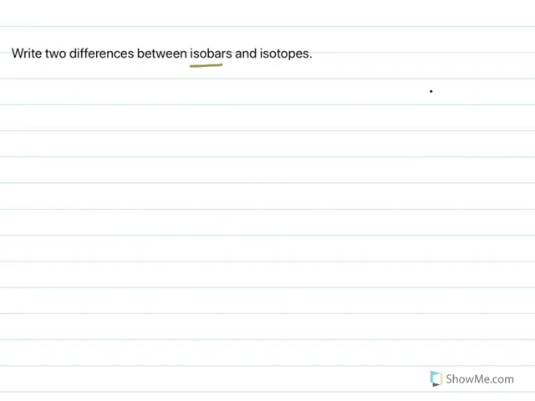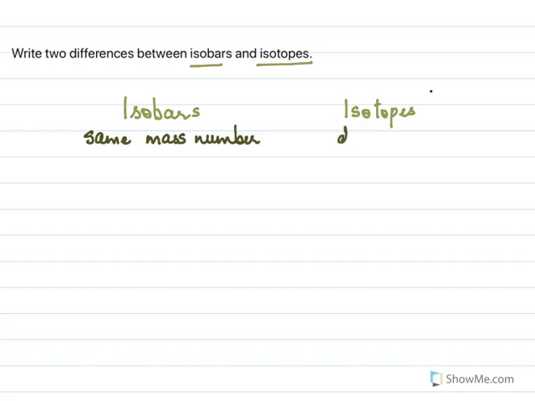Give two differences between isobars and isotopes. So isobars have the same mass number. Here isotopes have different mass numbers. Then when it comes to atomic numbers, isobars have different atomic numbers.